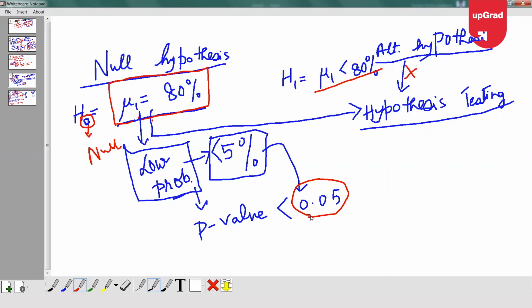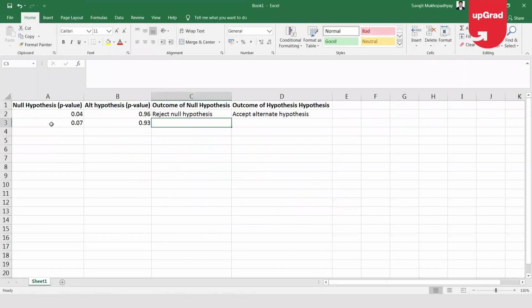For any statistical tests. So now here we can see that the p-value of the null hypothesis is not quite low. It is 0.07. So in this case, what shall we do? Can we reject the null hypothesis?